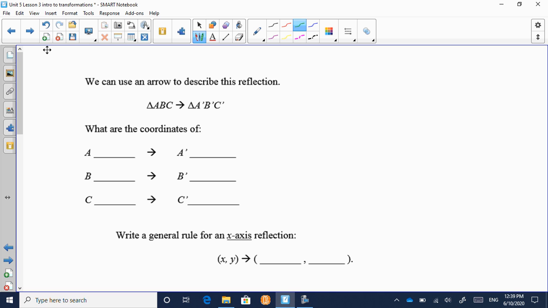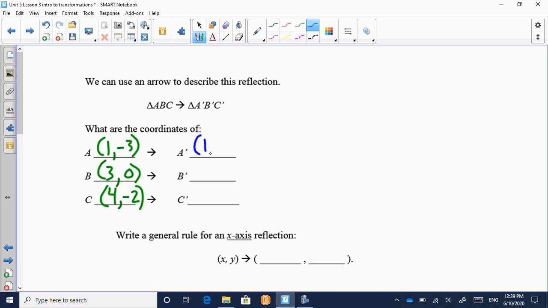Okay. Now, what are the coordinates? Well, the coordinates of A were 1, -3. The coordinates of B were 3 and 0, and the coordinates of C were 4 and -2. I just took those off the graph. Well, what were the coordinates of the reflected point? Well, watch this, and A prime, the 1 doesn't change.